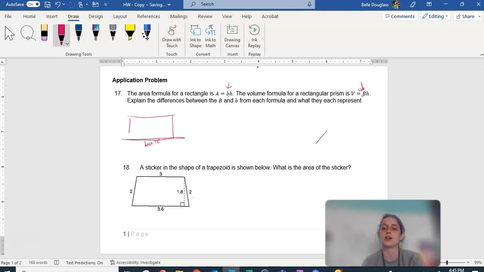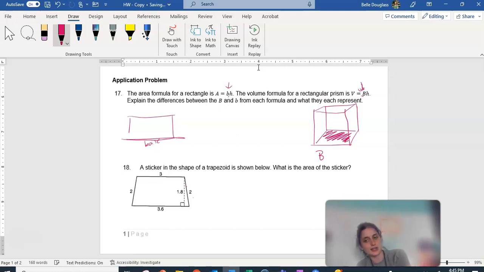When you're finding volume, the formula that's on the star chart has a capital B, which does not mean base. It actually means all this space.